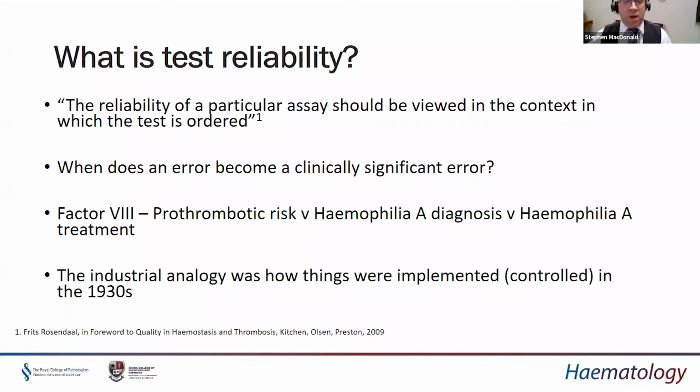Whereas a systematic error of 5% at the 200% level has a much lower clinical impact on the patient. So we need to incorporate our knowledge of the assays into how we interpret the standards that we're setting for the tests.